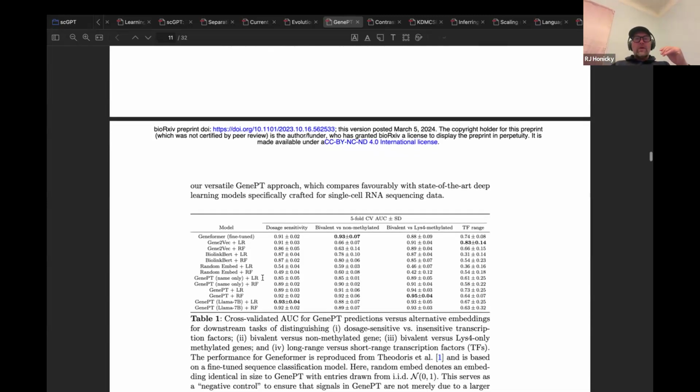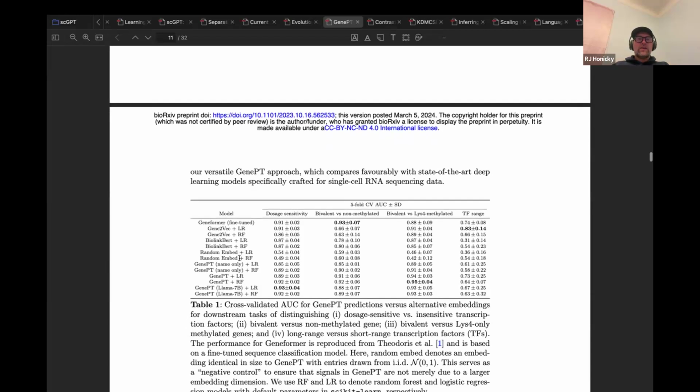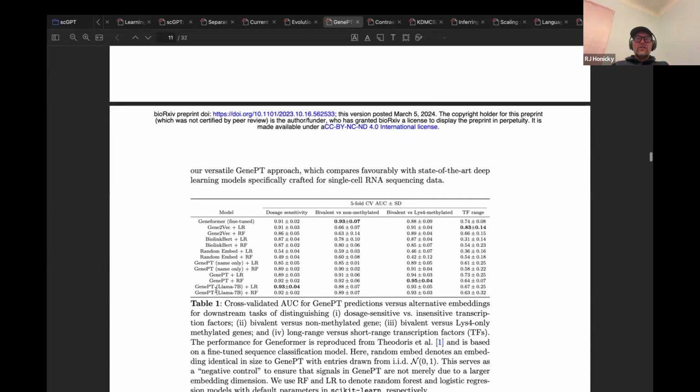So yeah, let's see. It looks like they tried Llama 7B. I don't know what they did for this; this is not an embedding model, obviously, unless they use some Llama 7B embedding. So they presumably are just using the class token as the embedding.